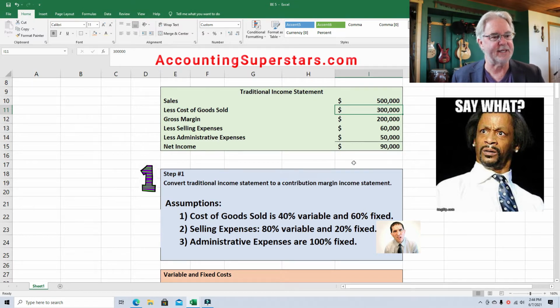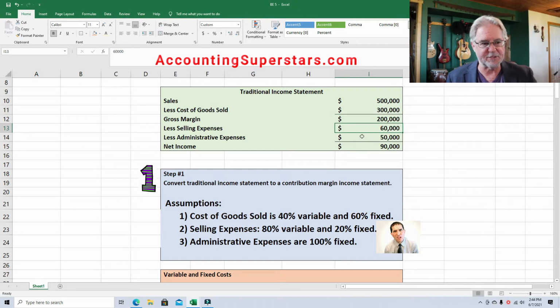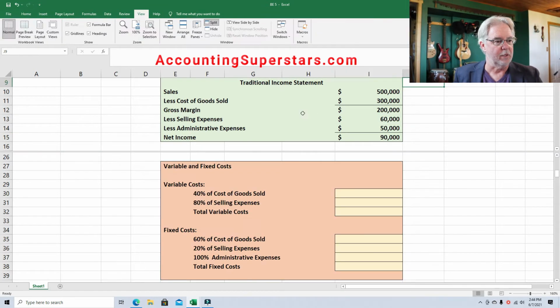Coming down here to selling expenses. Selling expenses are $60,000. Selling expenses are 80% variable and 20% fixed. Administrative expenses are 100% fixed. Okay, so variable costs. 40% of cost of goods sold. And where am I getting that?